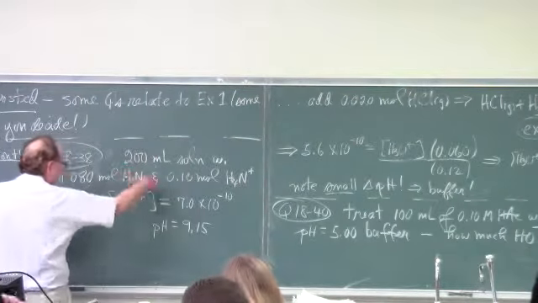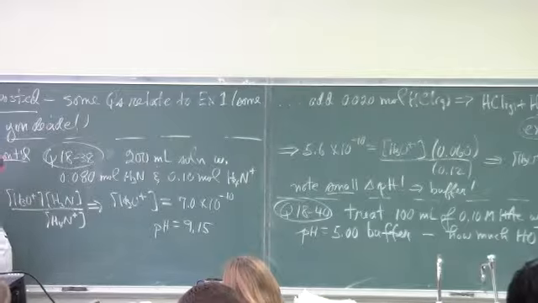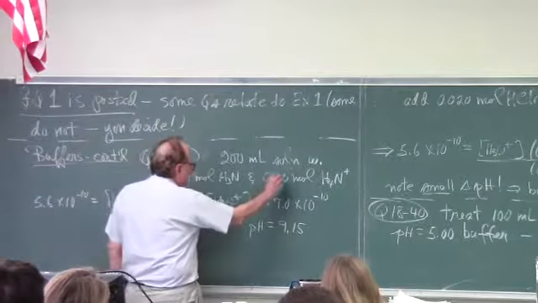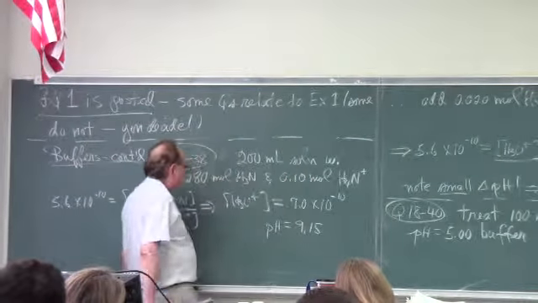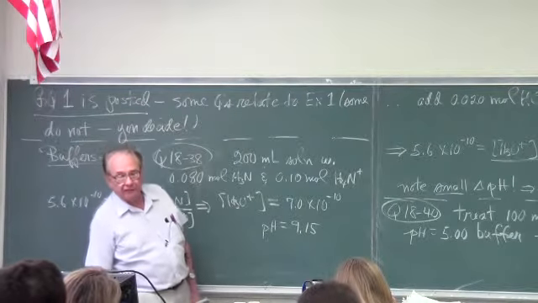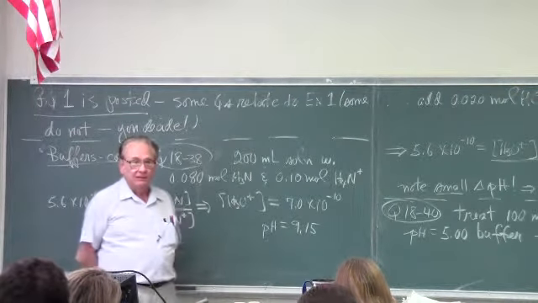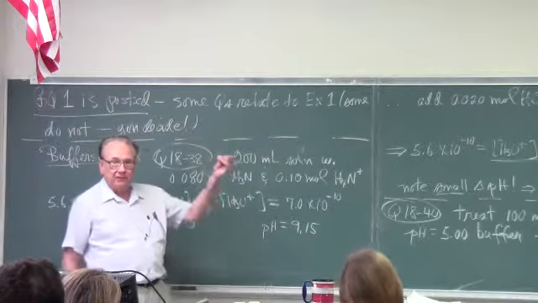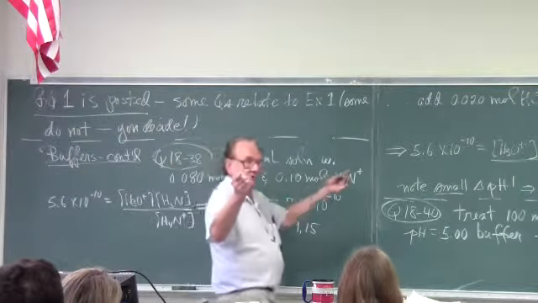Here's the system. Do you recognize that in preparing this system, the molarity of ammonia as well as the molarity of ammonium ion will each be divided by 2? Because you're starting with an ammonium ion solution and ammonia solution.